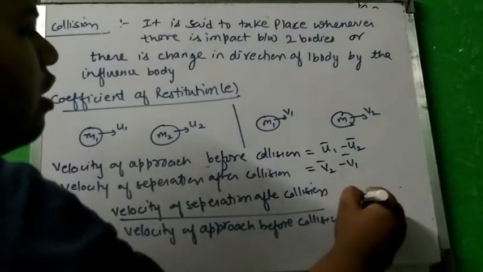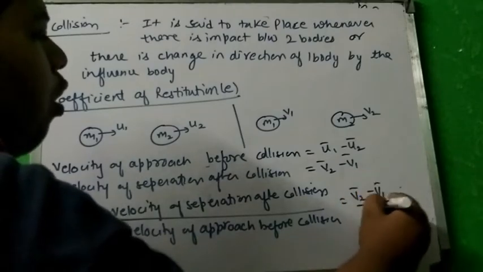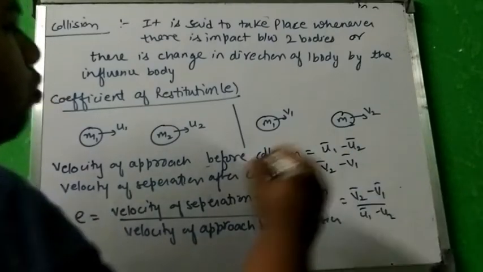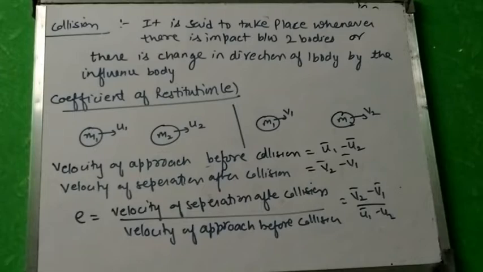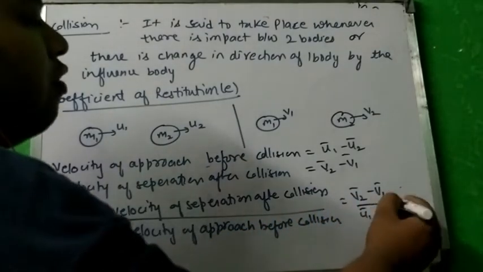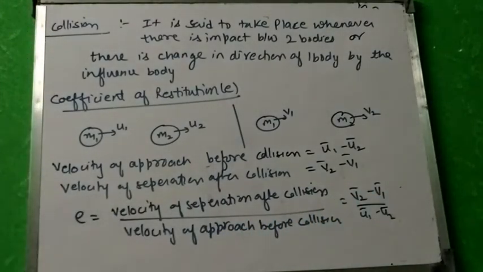That is, it is always equal to v2 minus v1 upon u1 minus u2, where v2 and v1 are the velocities of objects 2 and 1 respectively just after collision, and u2 and u1 are the initial velocities of ball 2 and 1 just before collision. Okay, so E is the ratio of v2 minus v1 to u1 minus u2.